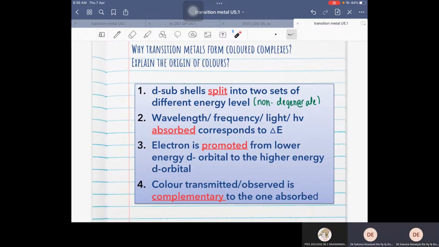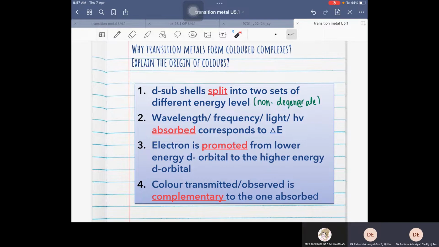Cadmium and zinc, these two are d block elements, but they're not transition metals. These are good examples of why they're not cut out to be transition metals, because the criteria for transition metals is, one, they need to have more than one ion, like Cu+, Cu2+, Fe2+, Fe3+.